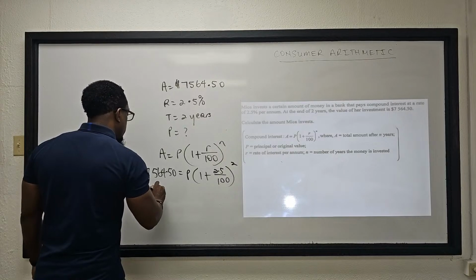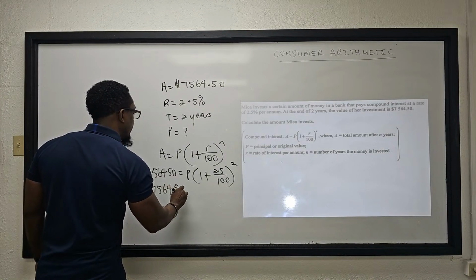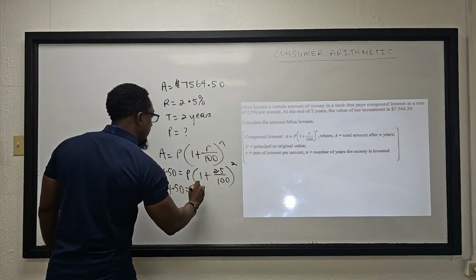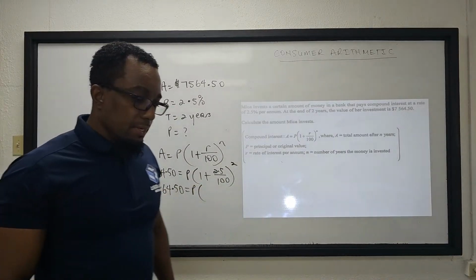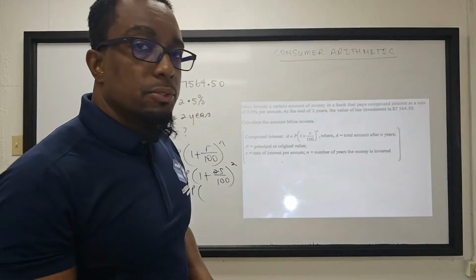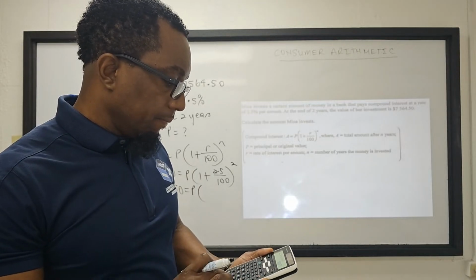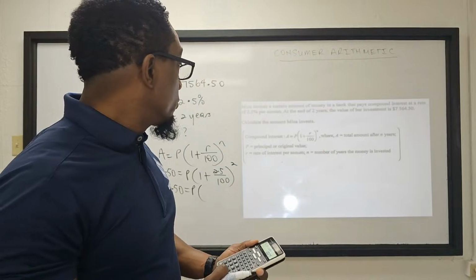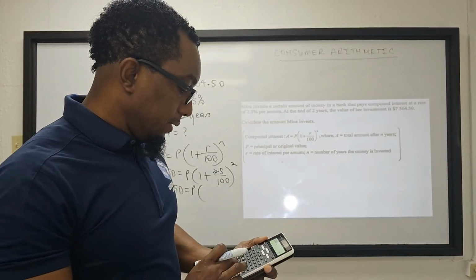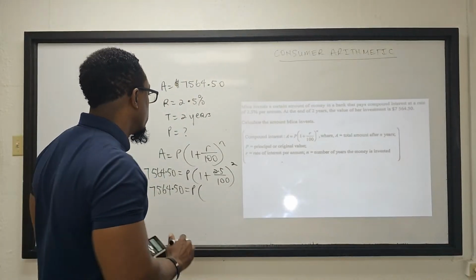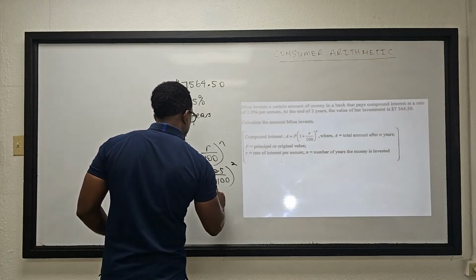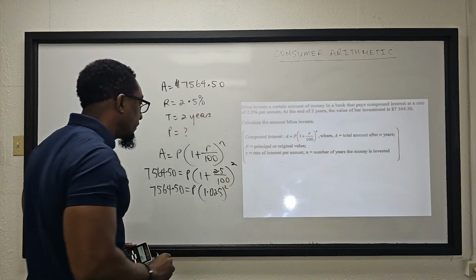This will be $7,564.50 is equal to P, open brackets, that is 1 plus 2.5 over 100. 2.5 divided by 100 is 0.025, plus 1 gives us 1.025, squared.